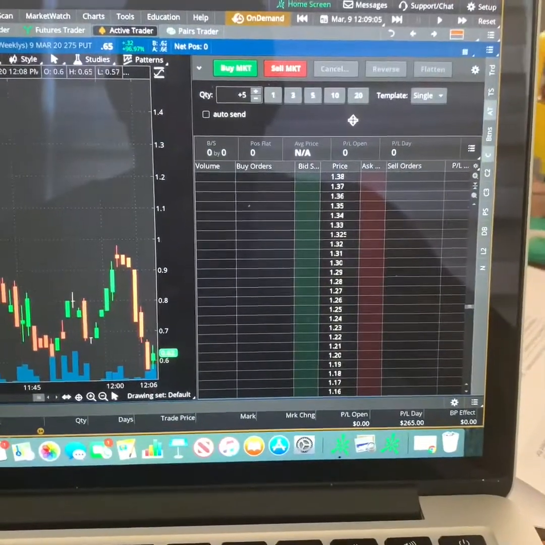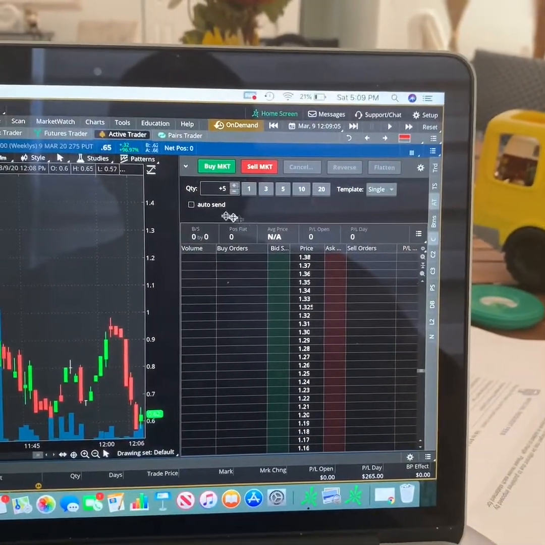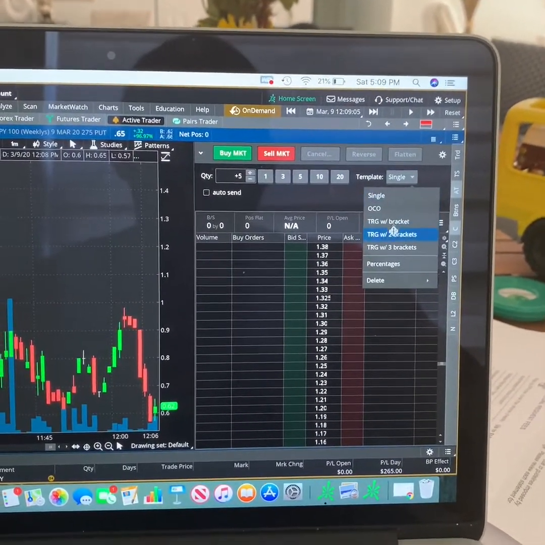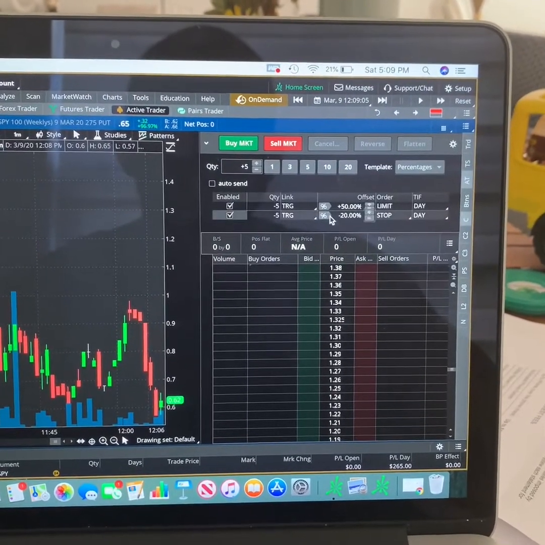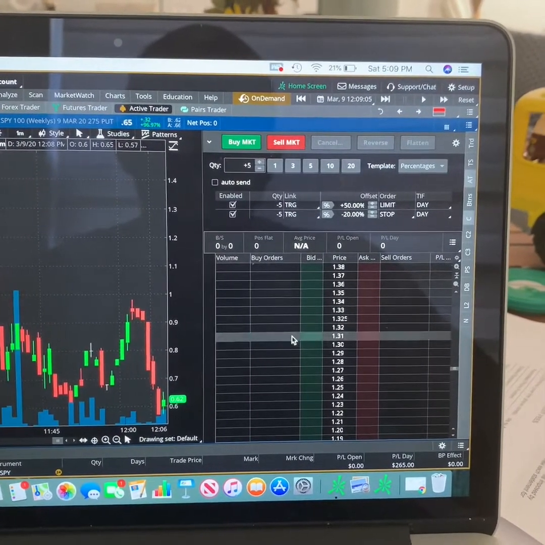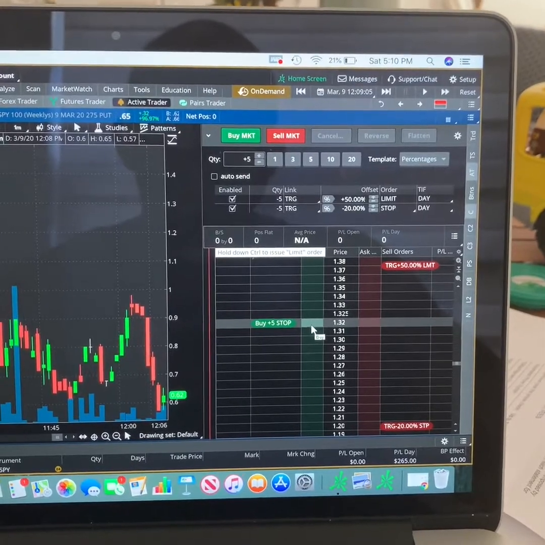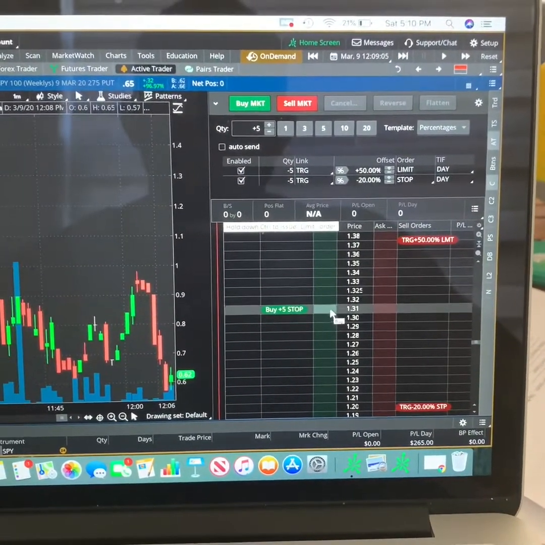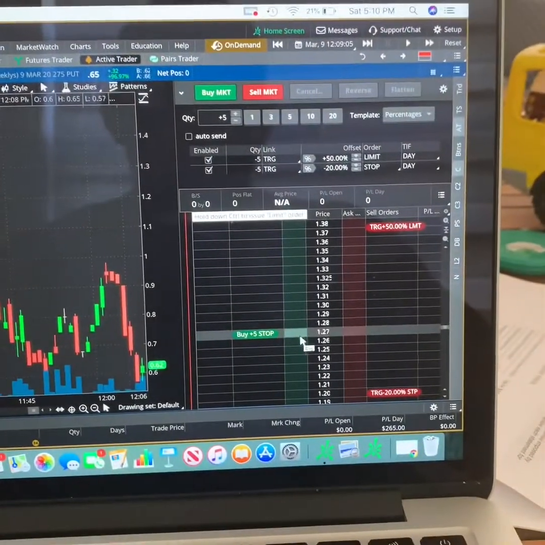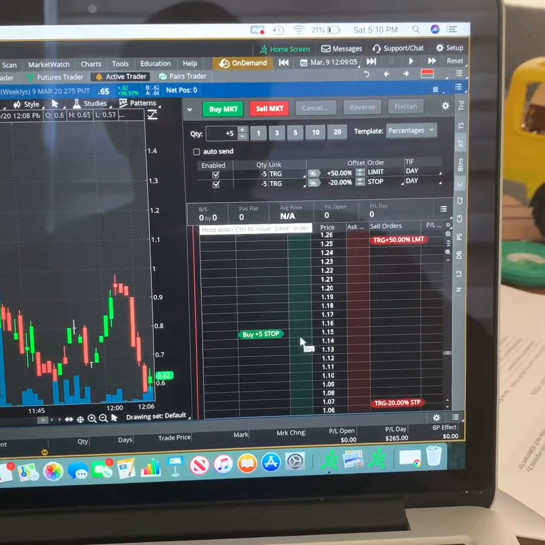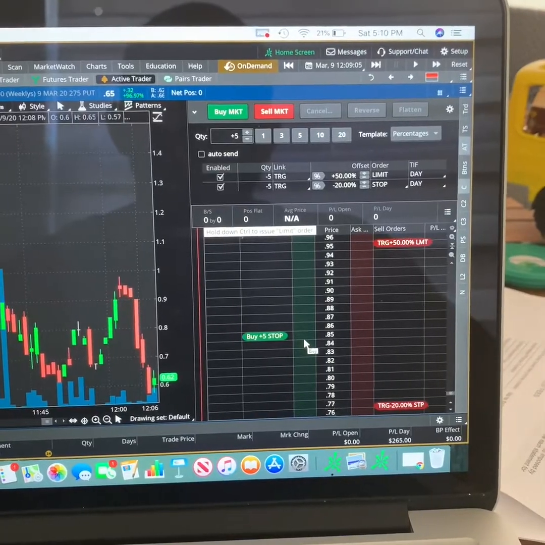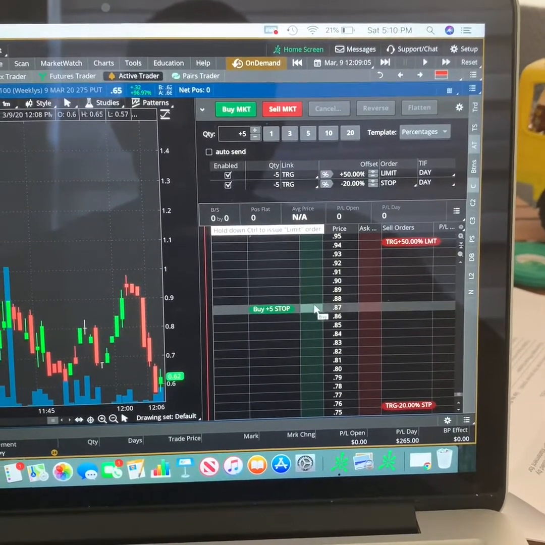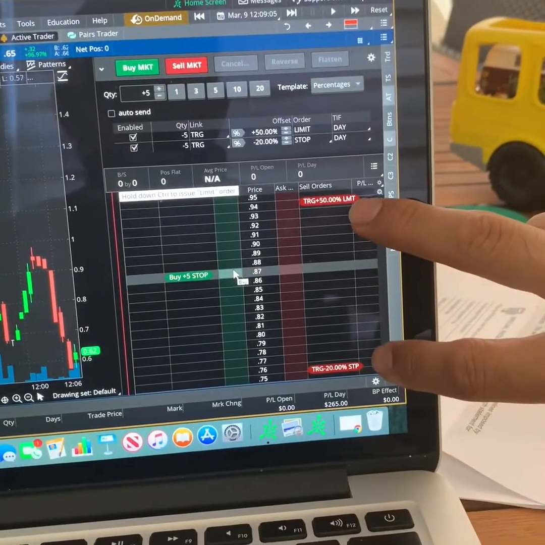Another thing you can do is create a template, and this is a bracket. Let's say you want to buy within the option contract's graph. You choose which price point you want to enter at, and then it creates the trigger.